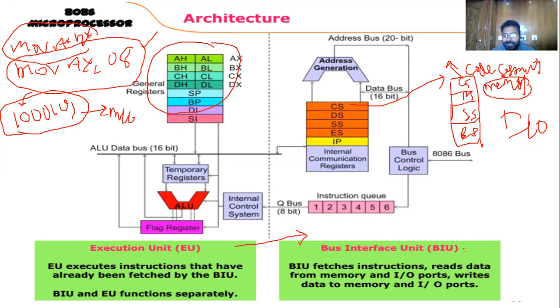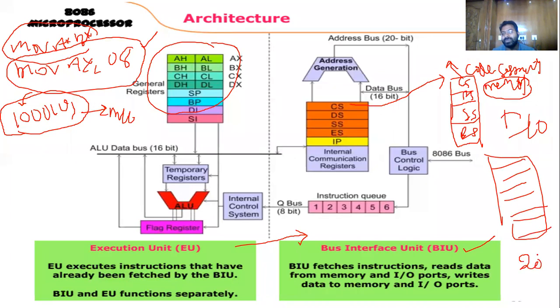Once this command is taken by the bus interface unit, it activates the required register, the code segment register, and generates addresses. You know that 1 MB memory size of address locations is there.